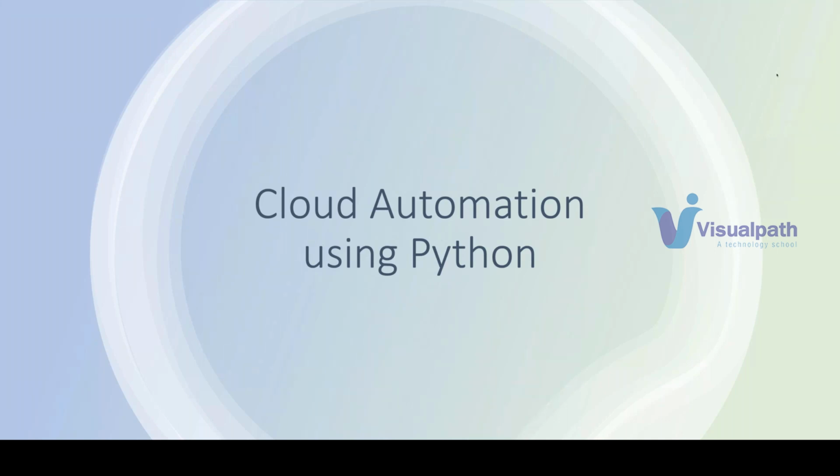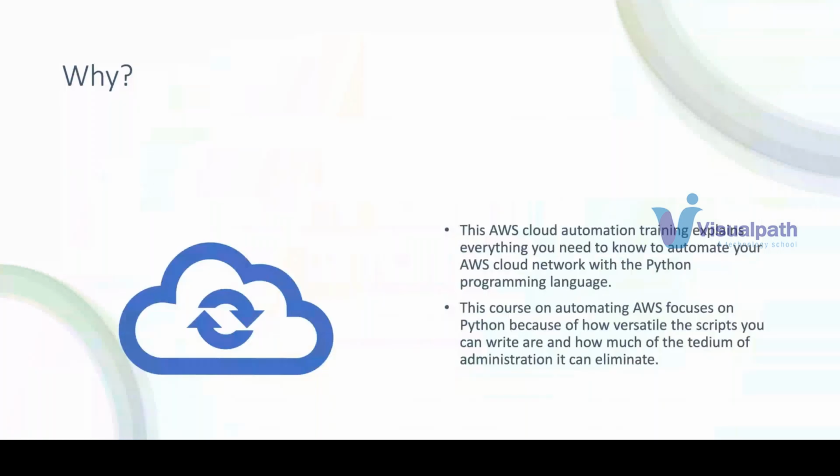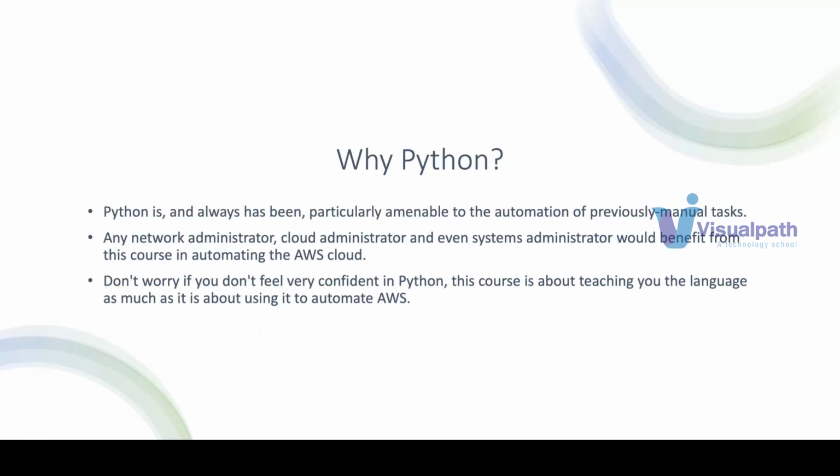So why do we need to automate? The main intention of cloud automation is to automate your entire cloud infrastructure and network using the Python programming language. That's how you will come to know the scripting language and how the market is effectively leveraging scripting. You can also ask why Python specifically. People prefer Python because it enables a lot of advanced automation.